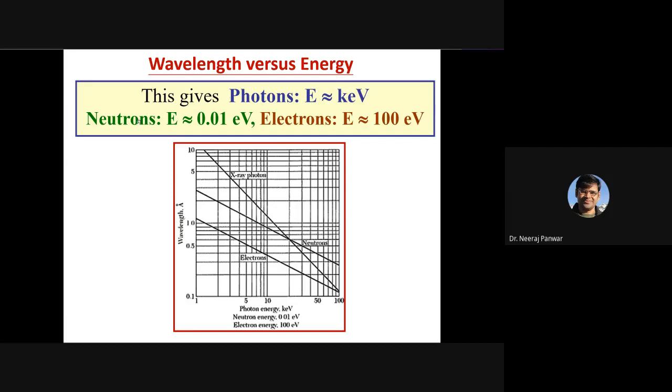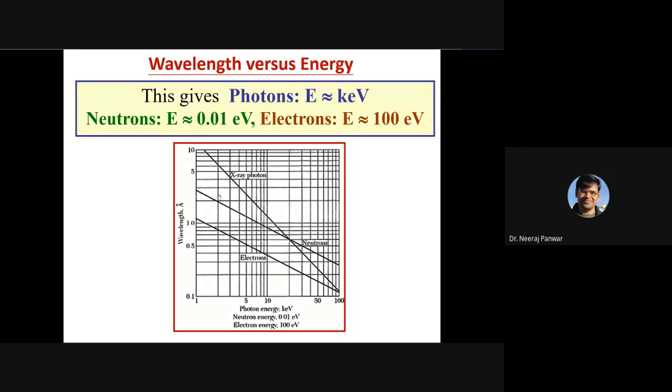Or we can use neutrons whose energy is 100th of an electron volt, and we can use electrons whose energy is several hundred electron volts.